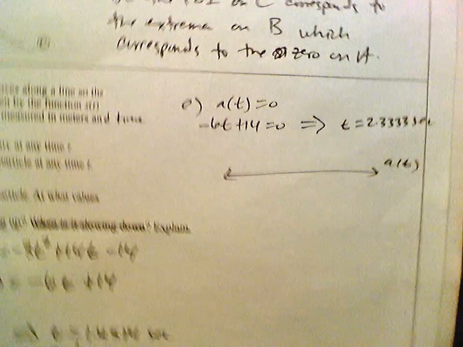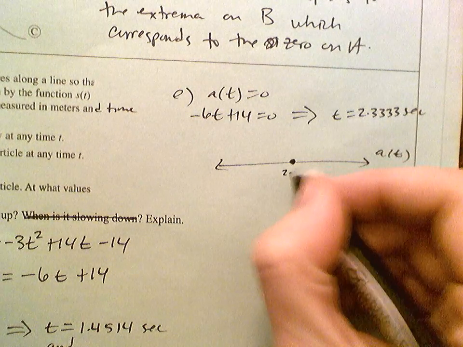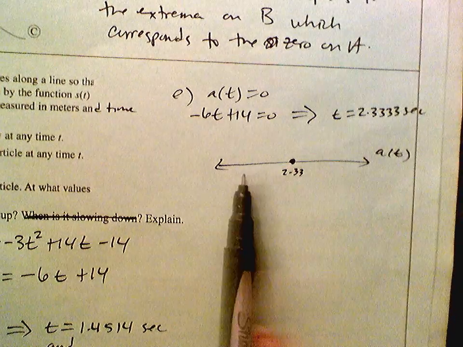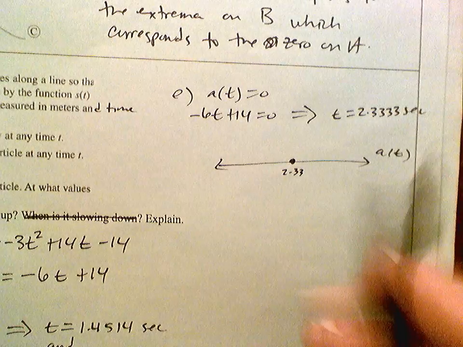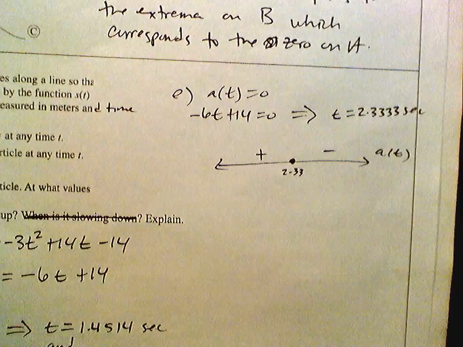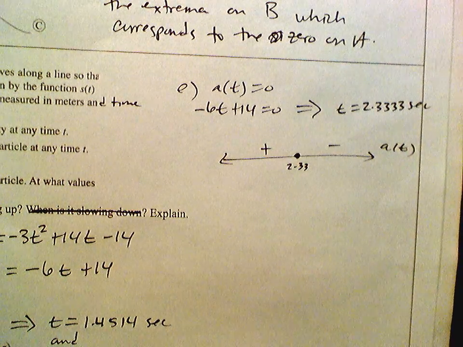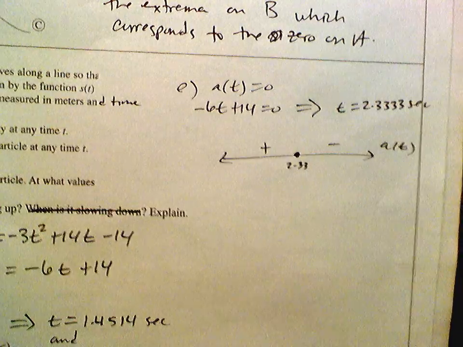Okay, then I'm going to do this number line. This will be my acceleration number line, and I've just got 2.33 right in the middle. I test points to the right and left back in the velocity function right up here, and I get positive, negative. Now, I think the best way to see this, guys, you're looking for an acceleration-velocity combination.